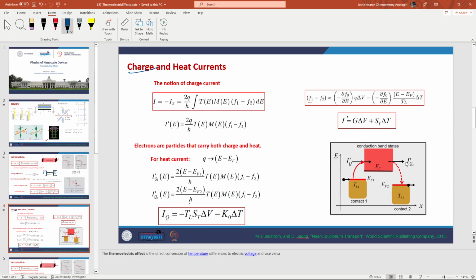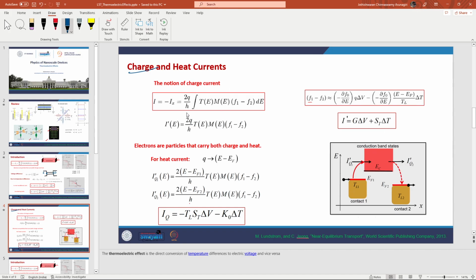Now, what is the direction for IQ? IQ will always go from the high temperature region to the low temperature region. That comes from the, what law of thermodynamics is that? That is the zeroth law of thermodynamics, if I'm right. So heat will always flow from a hotter body to a colder body.